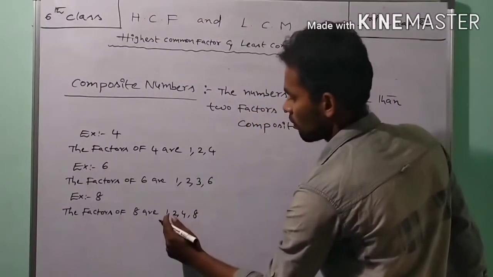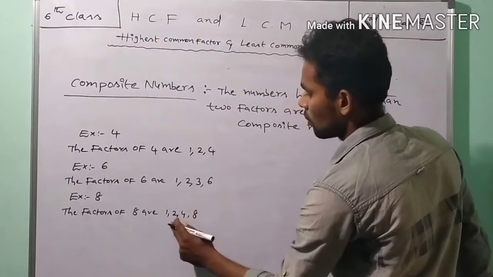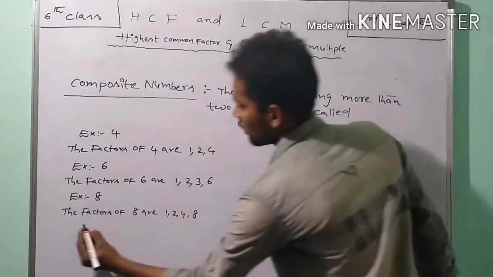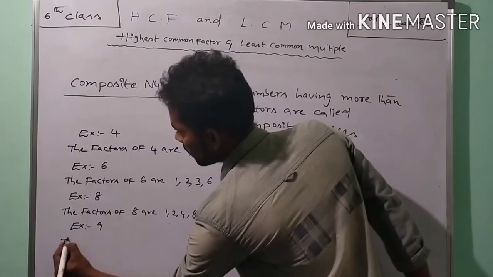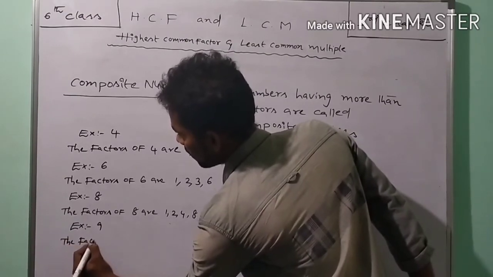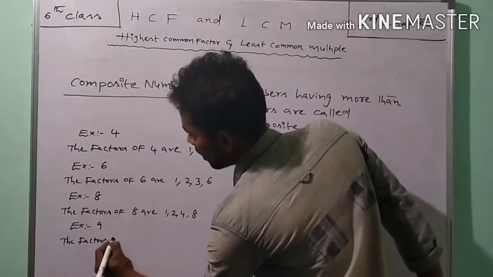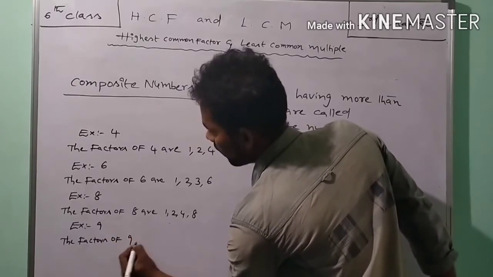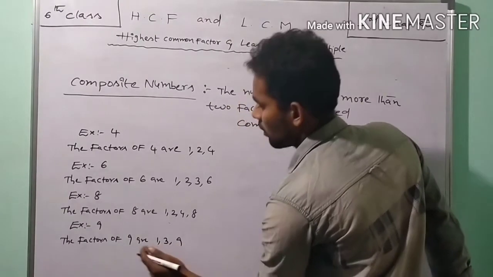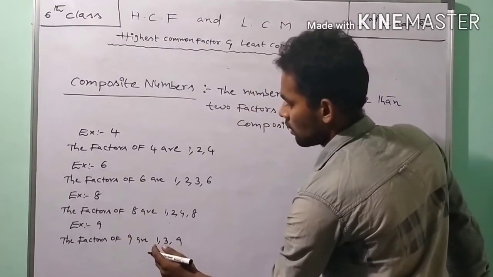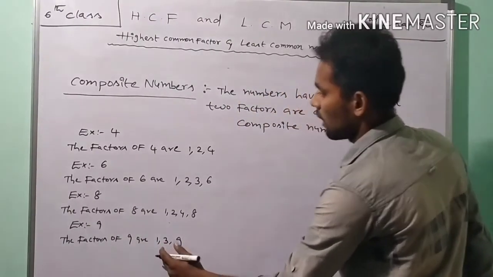Factors of 8: 1 × 8 = 8, 2 × 4 = 8. Next example, 9. The factors of 9 are 1, 3, 9. Factors of 9: 1 × 9 = 9, 3 × 3 = 9.